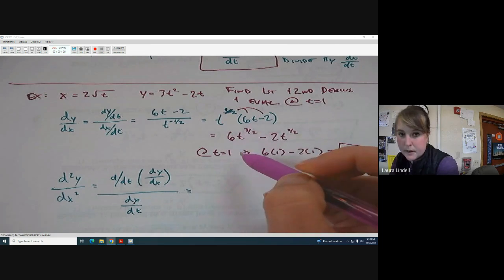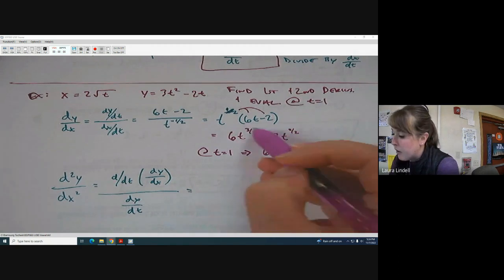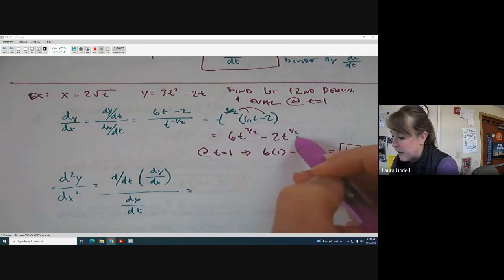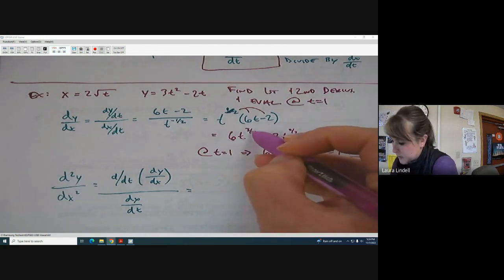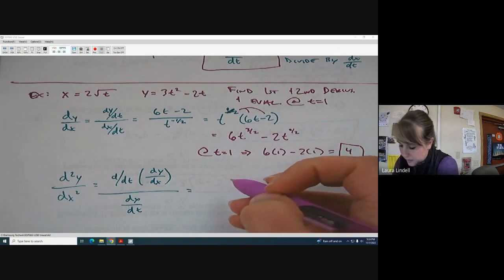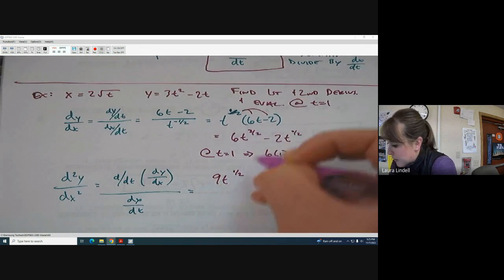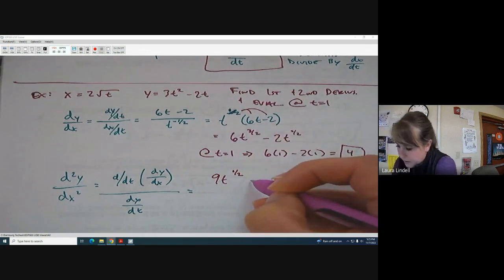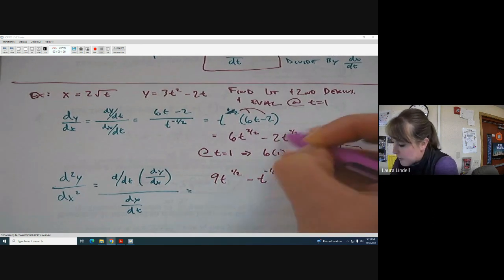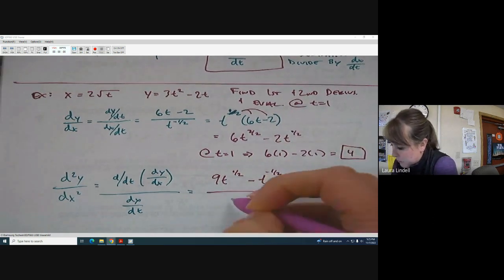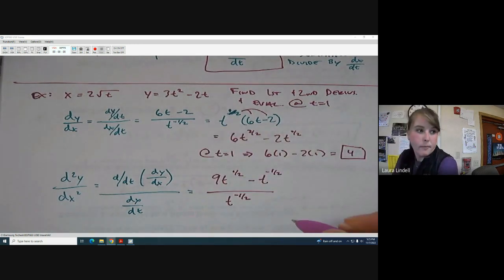It's much easier because then you don't have to do a quotient rule or a product rule or anything like that. If we already have dy/dx written in this fashion, we can just take the derivative. That's going to end up being 9t to the 1/2, and then minus t to the negative 1/2 on this one. And then it's over t to the negative 1/2 because that was the dx/dt we had from before.